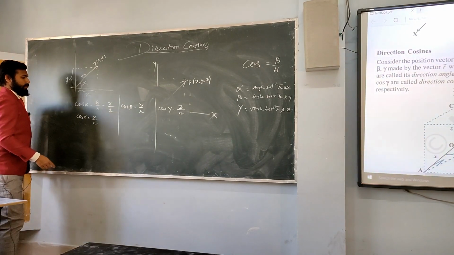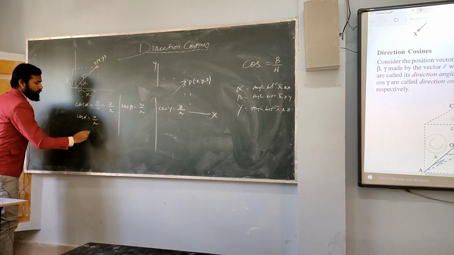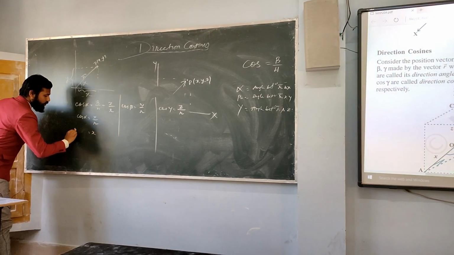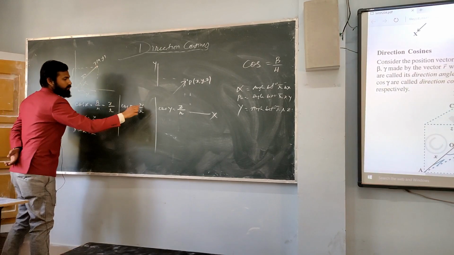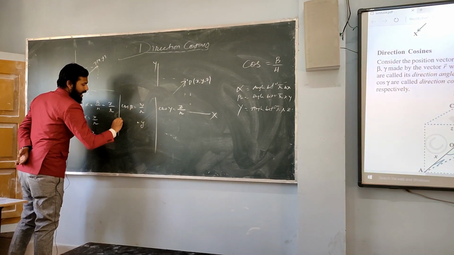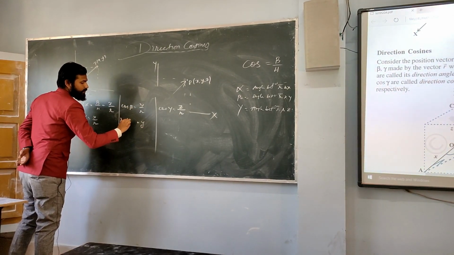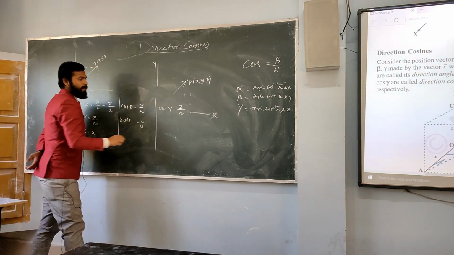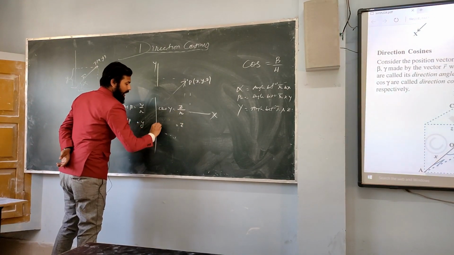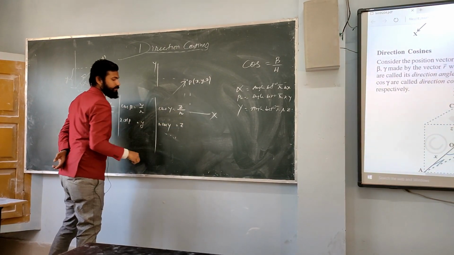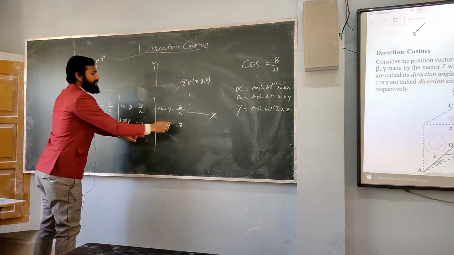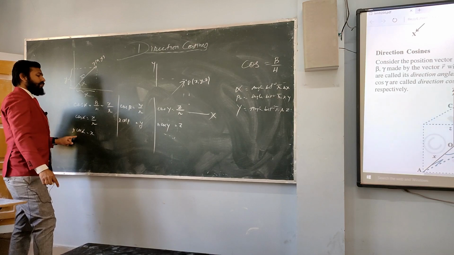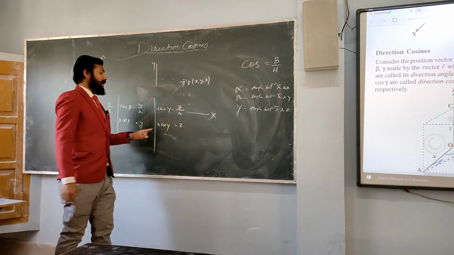Now in place of x, I can write x is equal to r cos alpha. Do you agree with this? Similarly, in place of y, I can write r cos beta. In place of z, I can write r cos gamma. So x, y, z is replaced by r cos alpha, r cos beta, r cos gamma.